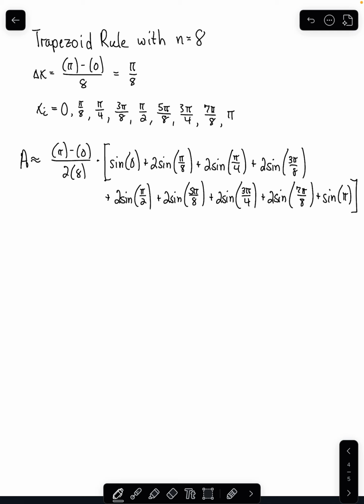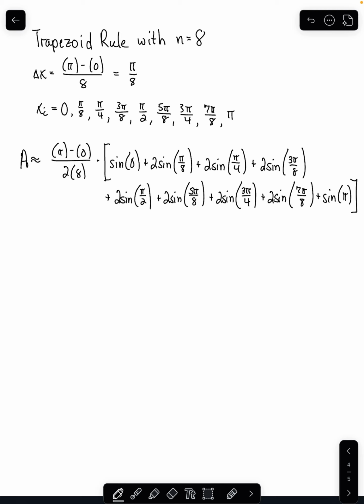And again, this might seem dramatically large. However, we do know a few things from having dealt with this in the previous example with n equals 4. Fortunately, and this is not always the case when we switch n's, a lot of these x sub i's are the same as we saw in the previous example.